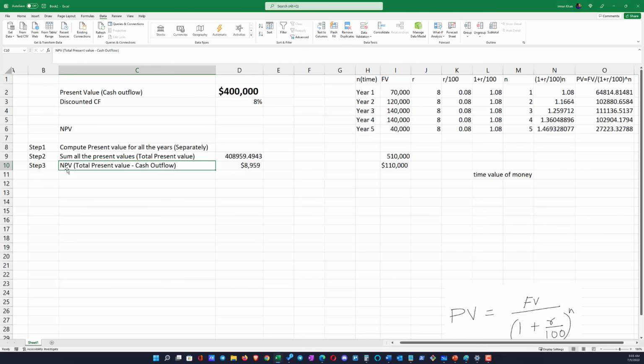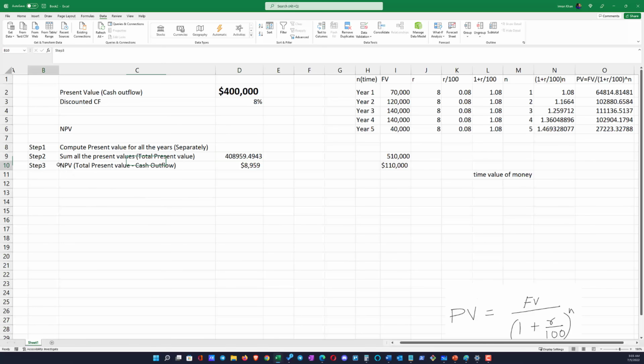The word itself says net present value. We are bringing all these numbers to the present day, computing present values for all these future values and then doing the subtraction, and that tells us whether it is profitable or a loss.